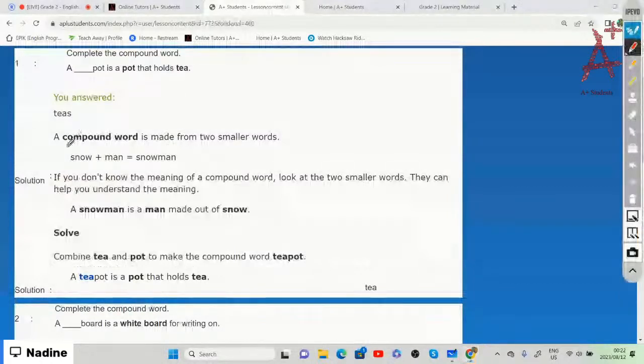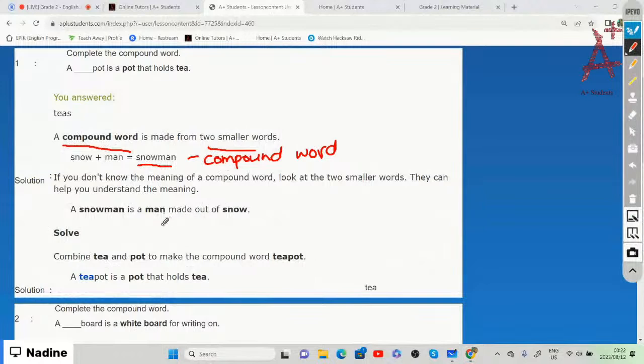Once again, a compound word is made up from two smaller words, and we put these two smaller words together to make a bigger word. That bigger word we call our compound word. And if you don't know the meaning of a compound word, then you can look at the two smaller words, and they can help you understand the meaning.